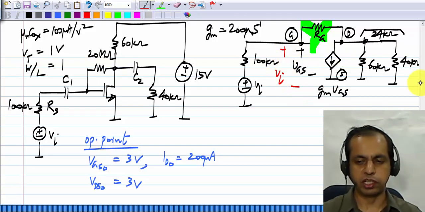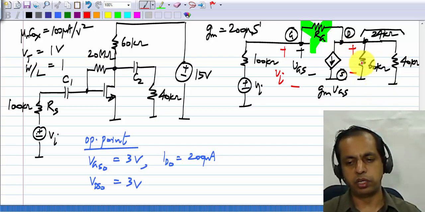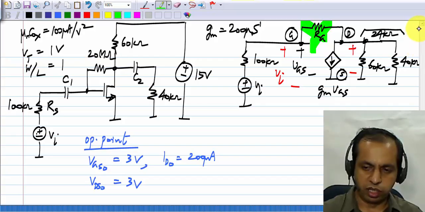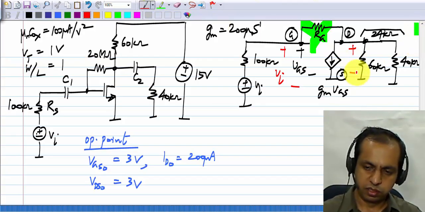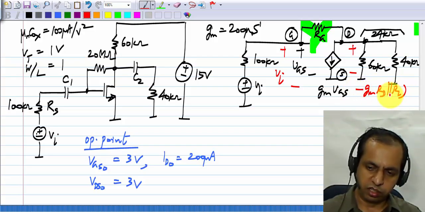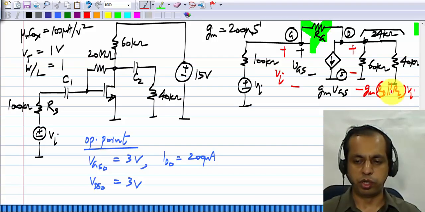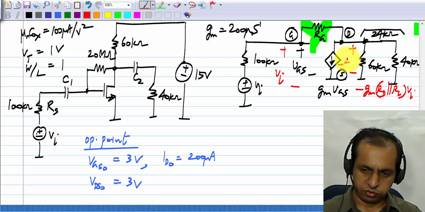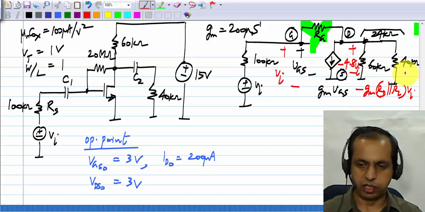The incremental drain source voltage is minus GM RD parallel RL times VI, and in this particular case it is minus 4.8 times VI.